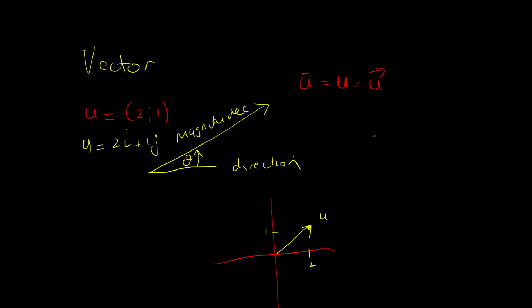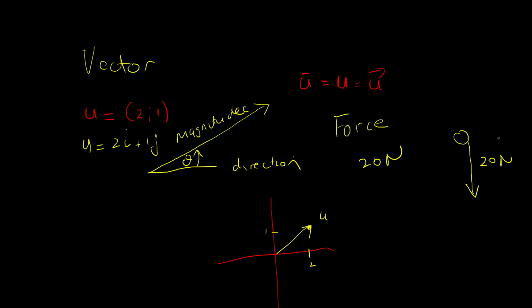A good example, which is something you're going to use quite a lot, is a force. If you look at a force, say 20 newtons, that's always in a specific direction. For instance, if something hangs from a pulley, it experiences a downward force of 20 newtons.